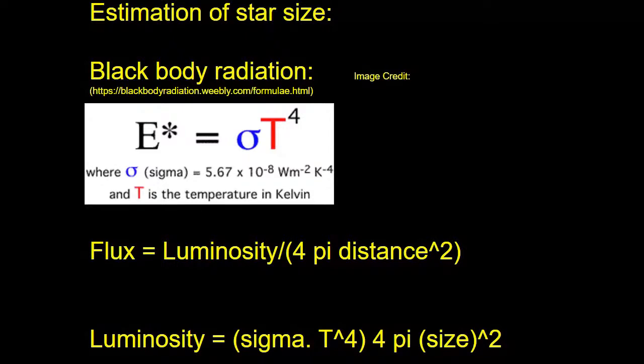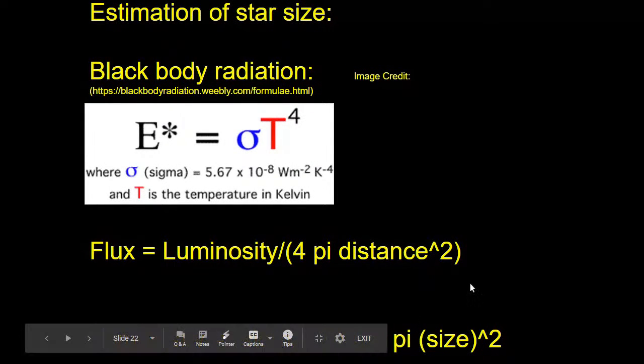that means per unit area of the photosphere, the amount of radiation per unit time is sigma multiplied by T raised to power 4. The photosphere total area is 4 pi times size square.